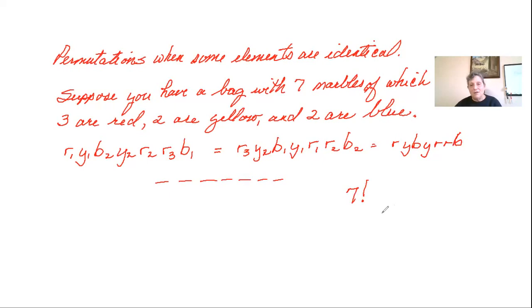But since we can't tell the red ones apart, we're going to have to reduce this number so that all 3 of the red ones only count as 1 red one, but of course there's going to be 3 times that comes out. So basically we do it by taking the factorial of how many there are of each color and dividing that part out. So it's going to be 3 factorial, 2 factorial, 2 factorial on the bottom.